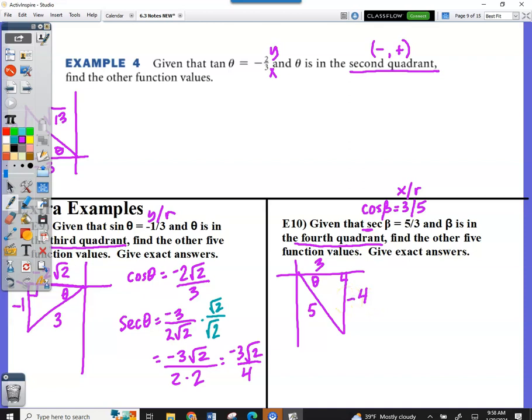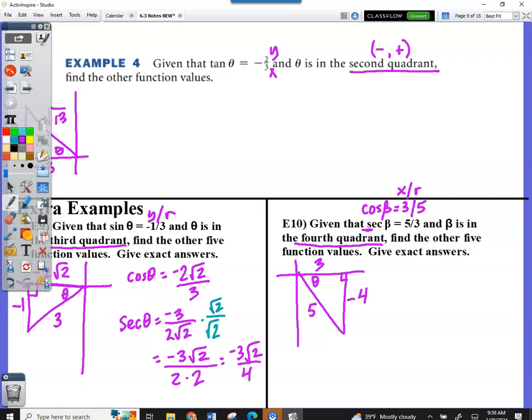Watch your signs. I'm going to guess you don't need 6 trig function values because there's no radicals. You would just be shoving them into fractions, right? All right, go to the next slide.